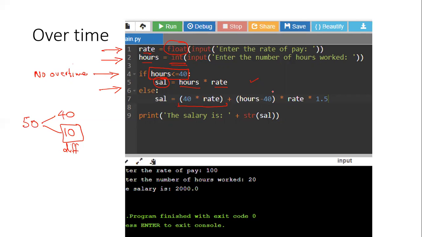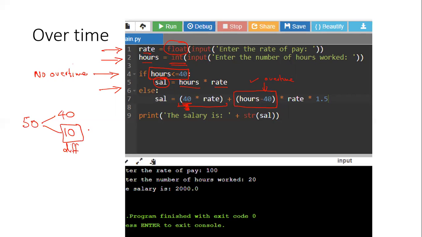The next part gets the number of overtime hours. So this is the total number of hours in line 2 that we've input, minus 40, because remember, the first 40 hours are normal hours. So take that out of the total number of hours. This will give you the overtime number of hours.